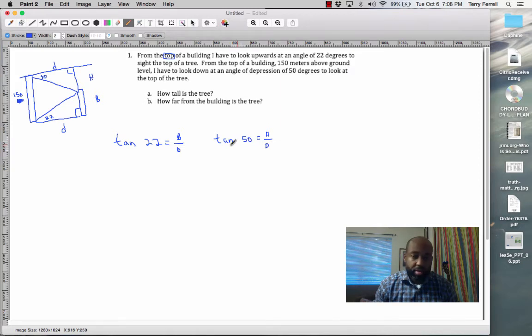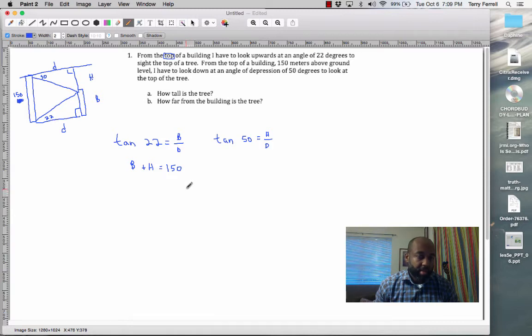And something else I have, that B plus H is equal to 150. Okay, that's all I know.